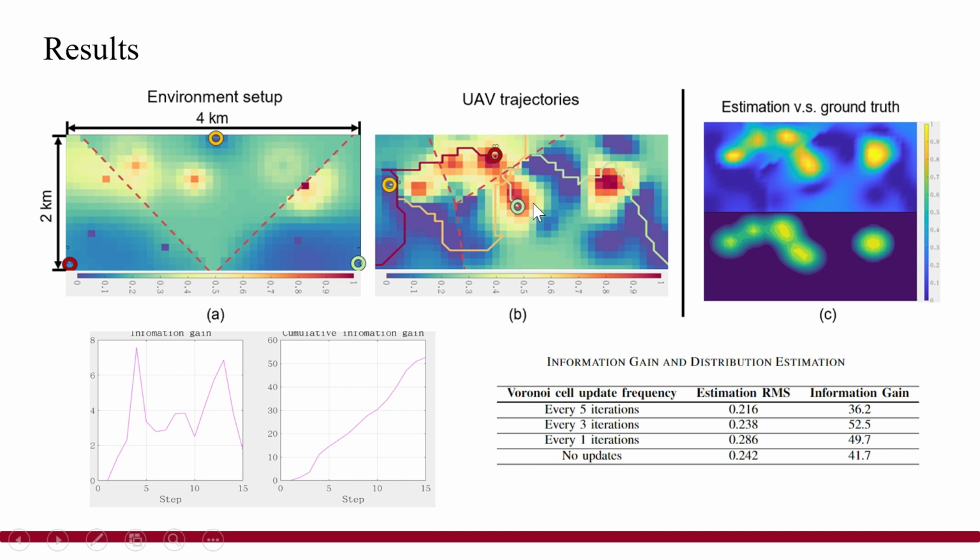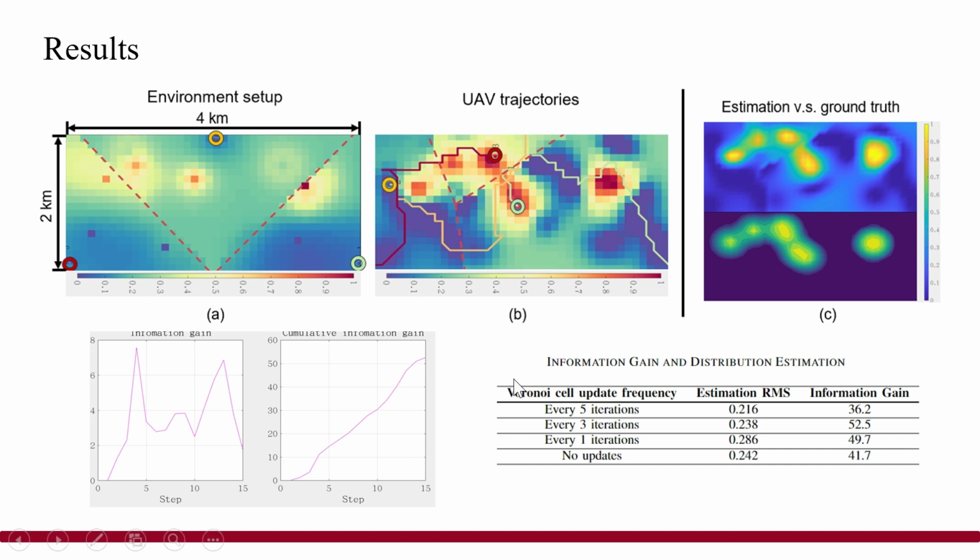While in the low information areas, the robot trajectories are straighter, showing that they didn't stay long. And the right figure compares the estimated information distribution with the actual ground truth. By this point, the GP has output a pretty accurate estimation of the whole distribution. This shows that our algorithm really does work.